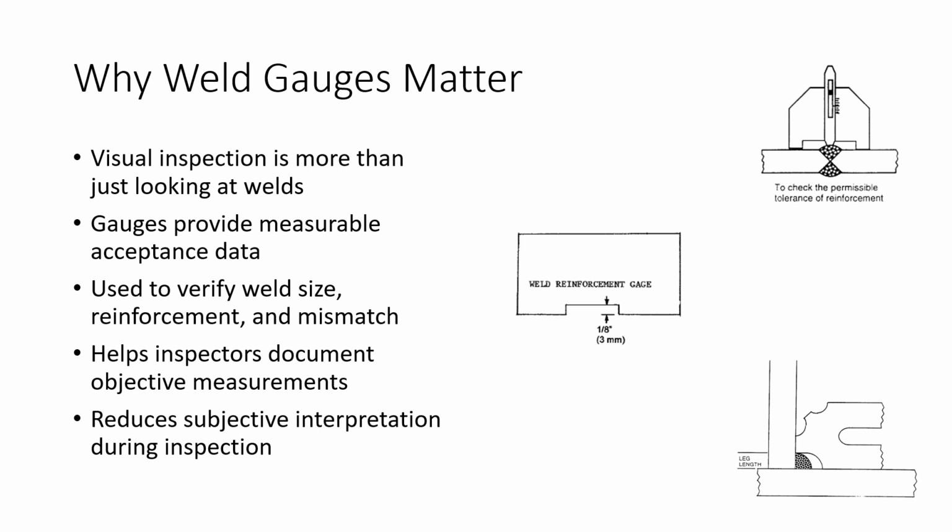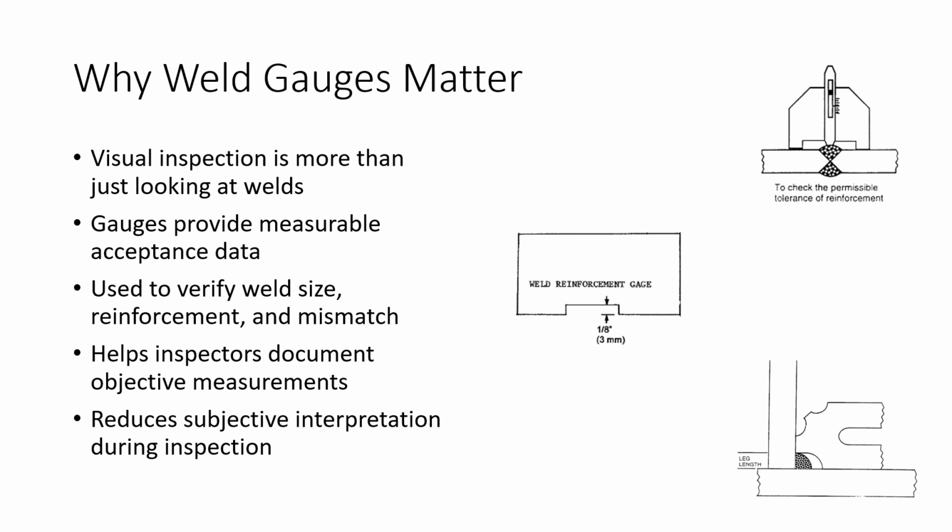Well, a gauge is going to give us something to measure our acceptance data by. Do we have way too much reinforcement? Do we have enough reinforcement? We can use it to verify our weld sizes, our reinforcement, our mismatch, what we've got going on there. Otherwise, we wouldn't be able to do that. And then we can objectively document what's going wrong, or what's going right.